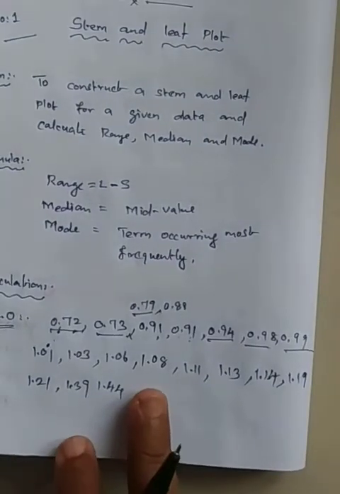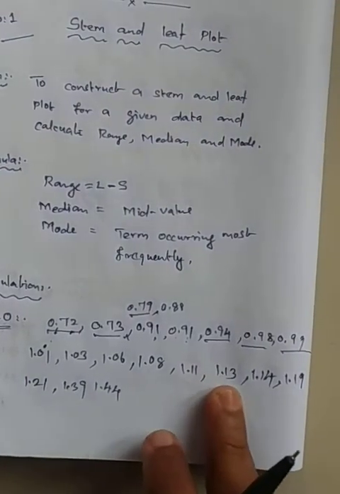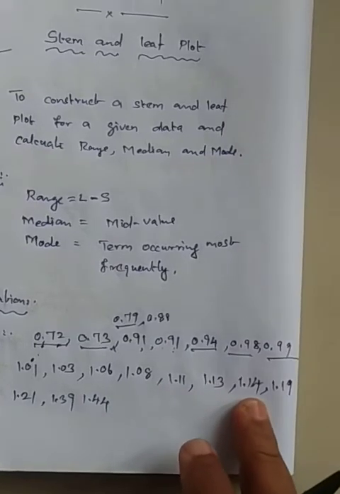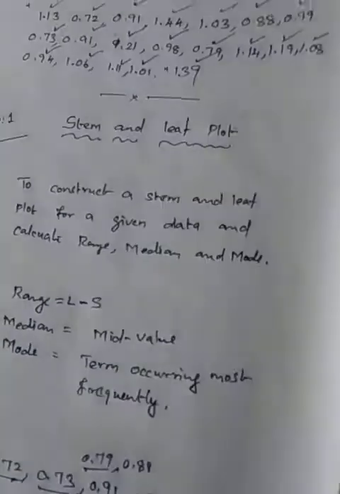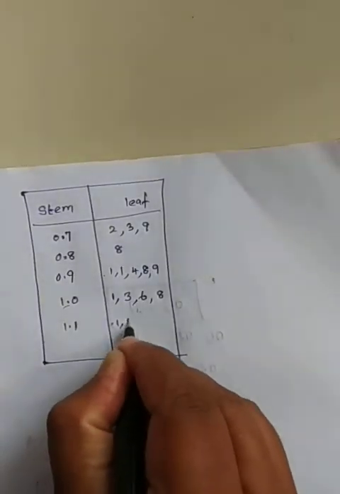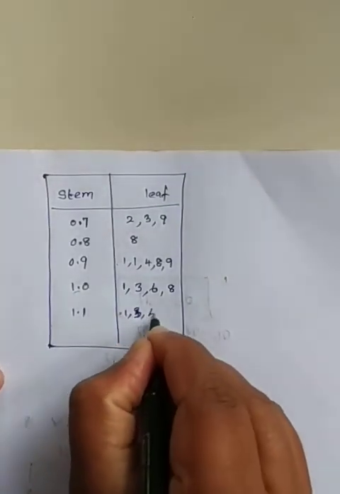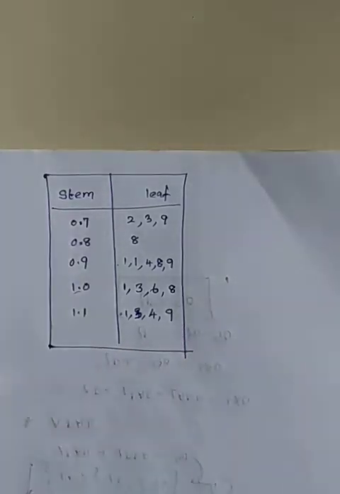I'm writing them together, you can see here: 1.11, 1.13, 1.14, 1.19. So in 1.1, 1 is there, 3 is there, 4 is there, 9. So you write 1, 3, 4, and then 9.